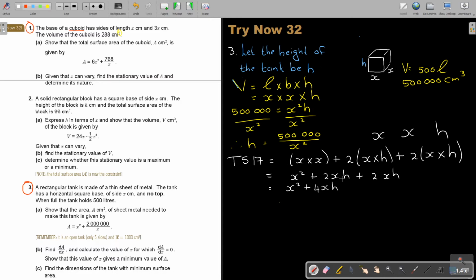Okay. Now I'm going to substitute h. So it's going to be, okay, let's just see, x squared plus 4x, and in the place of h, 500,000 over x squared.